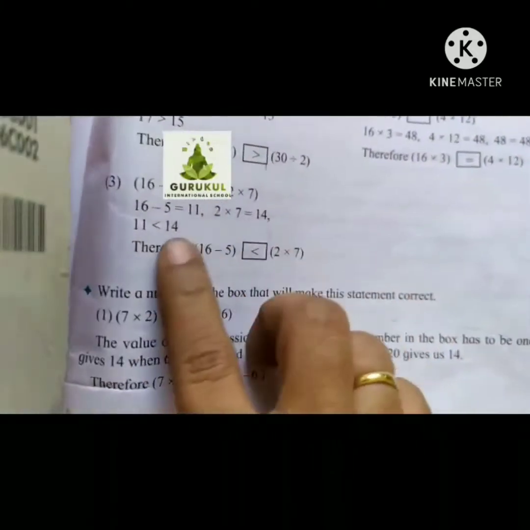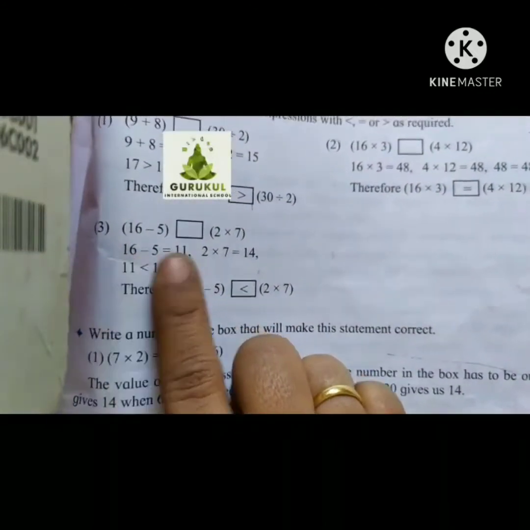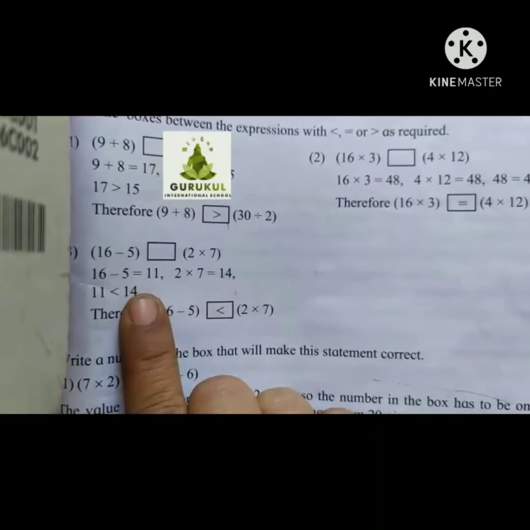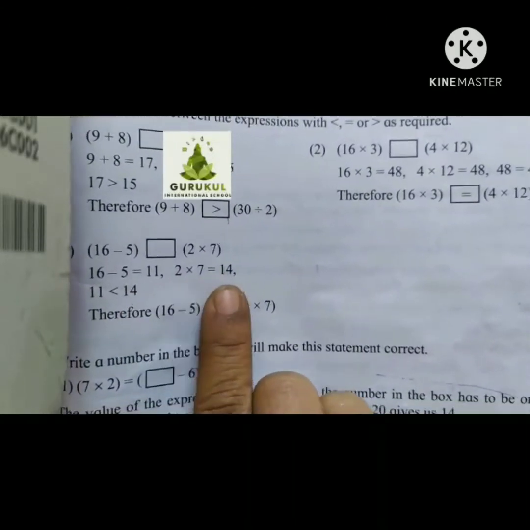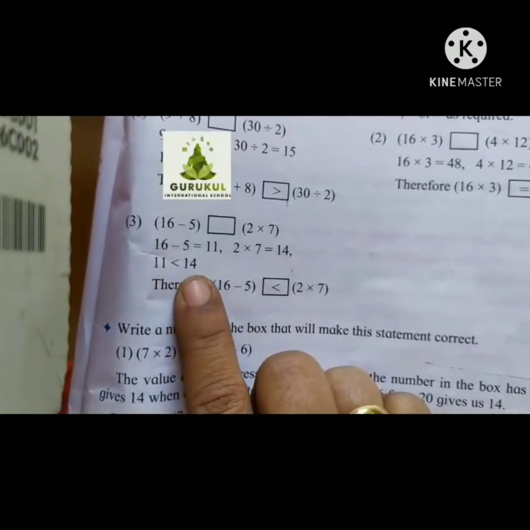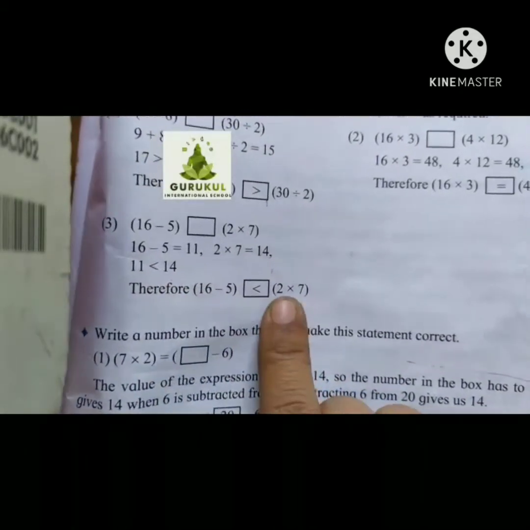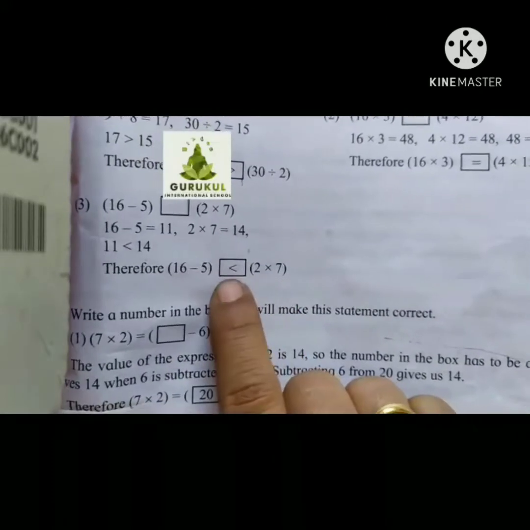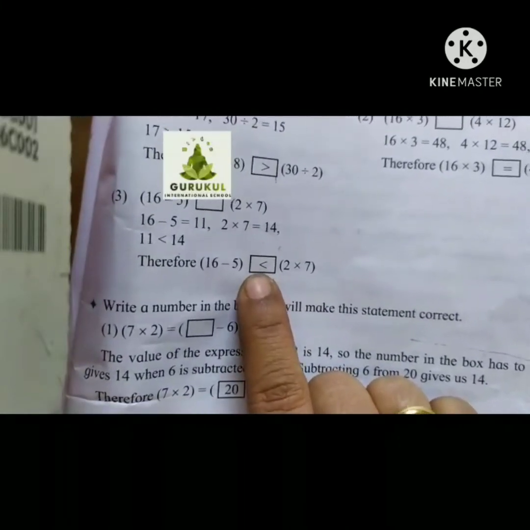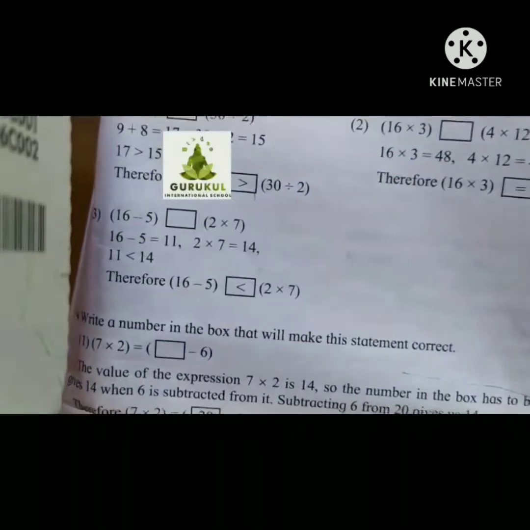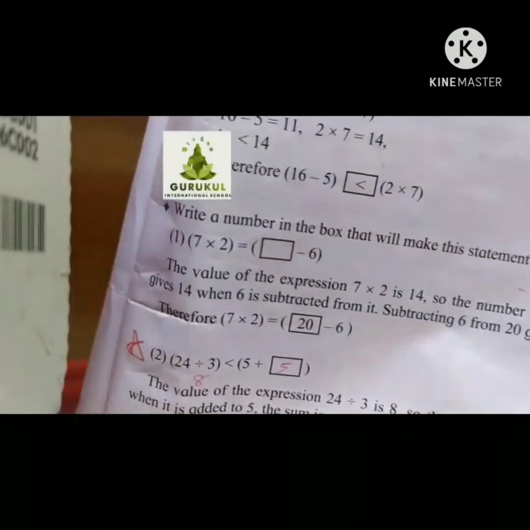Then 16 minus 5, box, 2 into 7. Now 16 minus 5 gives you the answer 11. 2 into 7 gives you 14. Now 11 is less than 14. That is why you put the box so that the expressions, when compared, show the lesser expression as 16 minus 5 and 2 into 7 as the greater expression.